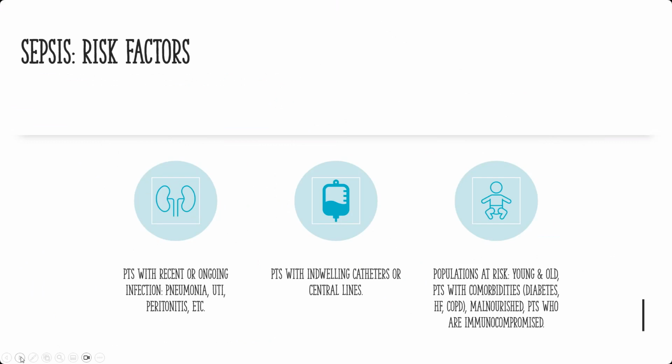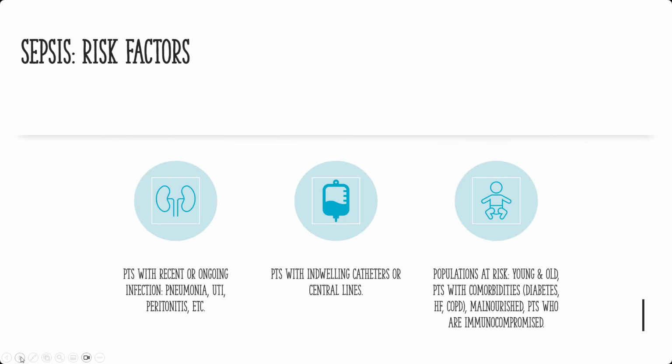Other populations that are at risk: those who are really young, newborns, infants, and then our elderly patients, especially if they have comorbidities like diabetes, heart failure, COPD, anyone who's malnourished, anyone who is potentially immunocompromised.